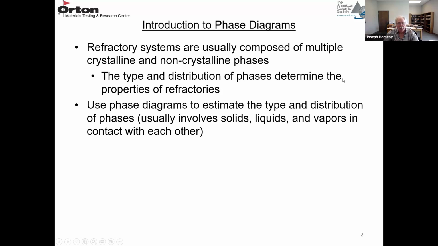So the type and distribution of phases is important in determining the properties. And then you can use phase diagrams to estimate the type and distribution of these phases. So we're looking at solids, solid phases, liquids, and vapors that are in contact with each other on these phase diagrams.